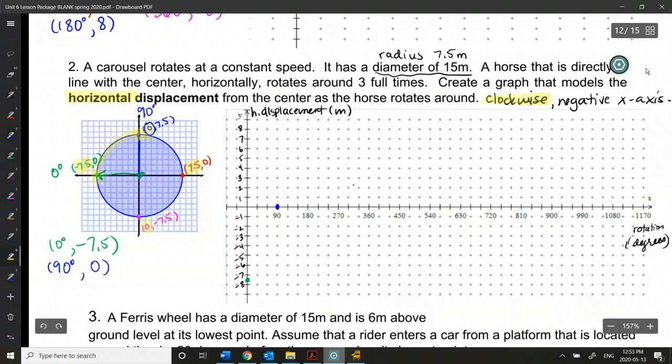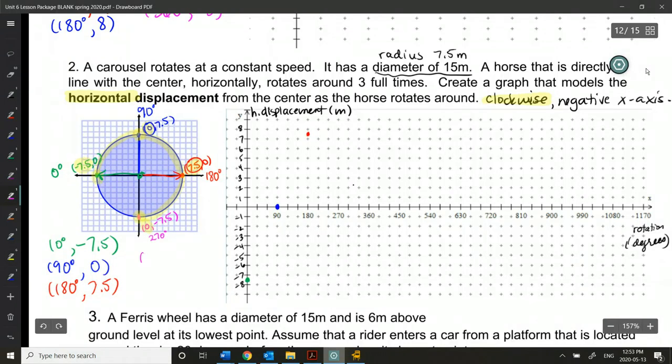Rotating to our next important point here, we are at 7.5, and we've now rotated 180 degrees from where we started. So we are right 7.5 units, and we're going to plot (180, 7.5). Okay, next important location is here.